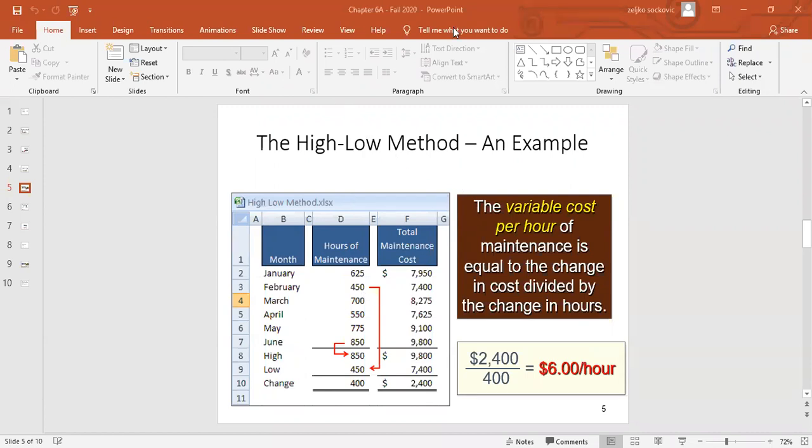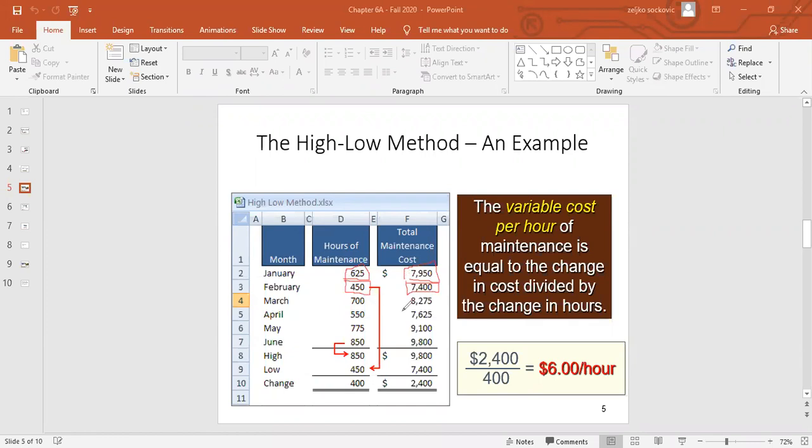If you look at this, you can try to see if this is a variable cost. How? Well, you would just divide this 7,950 by 625. So what would that be? Let's say it's more than $10 clearly. Let's say it's $12 per hour. Well, is this also $12 per hour?